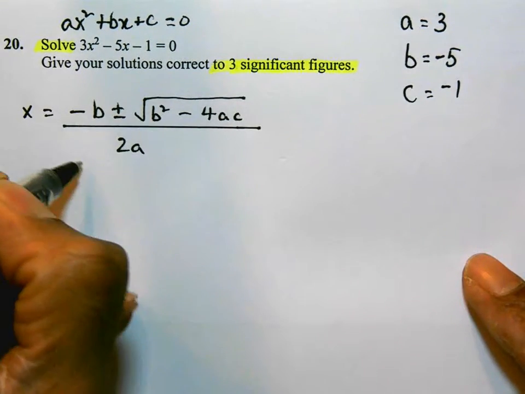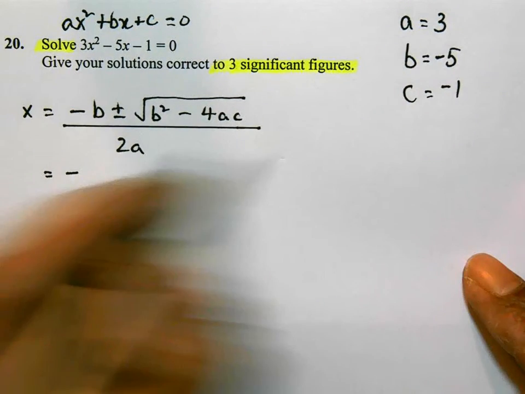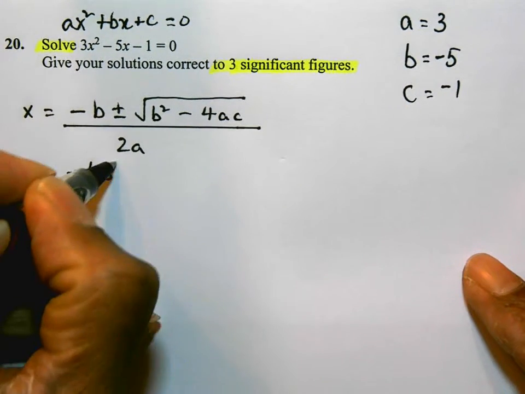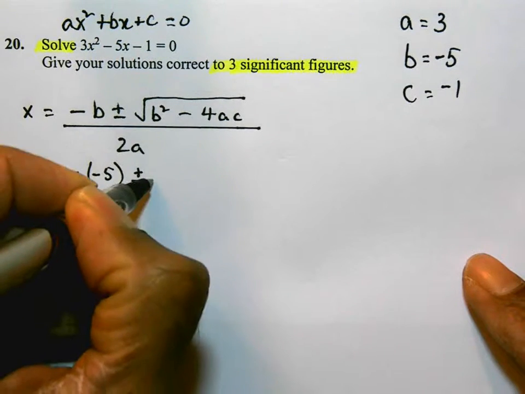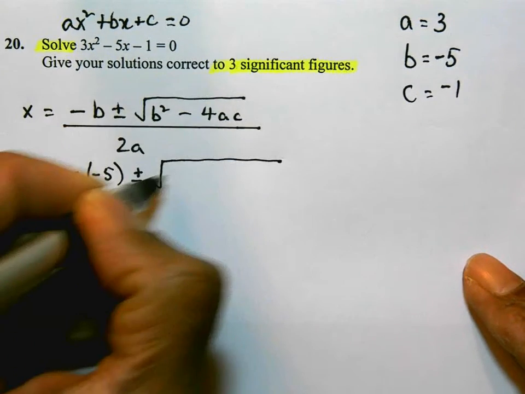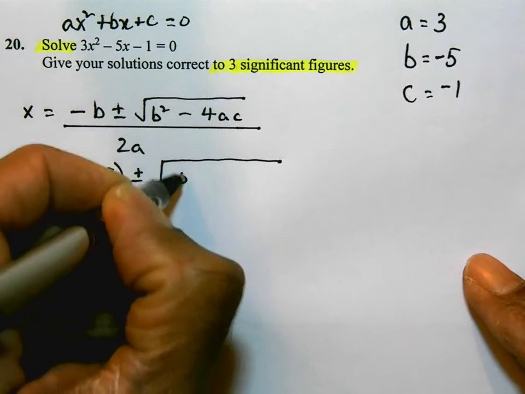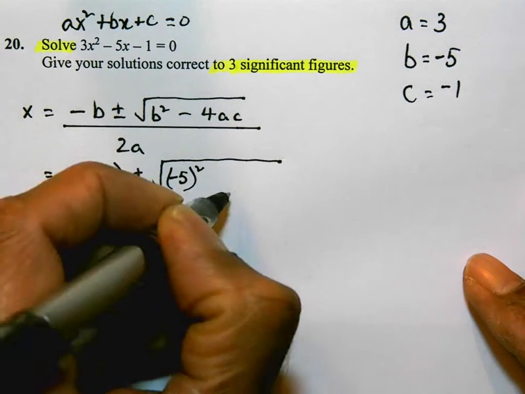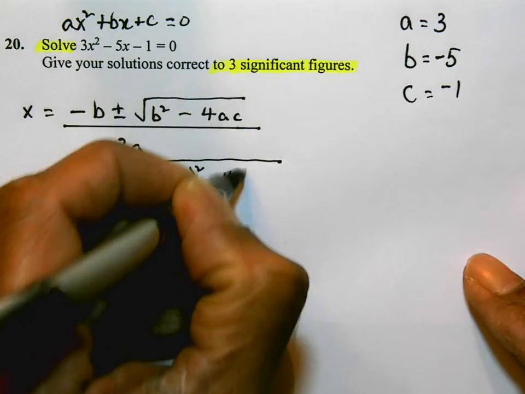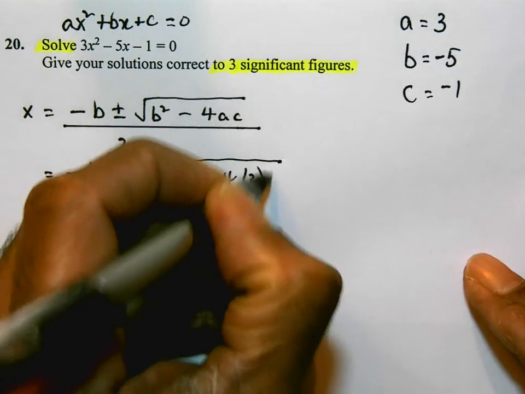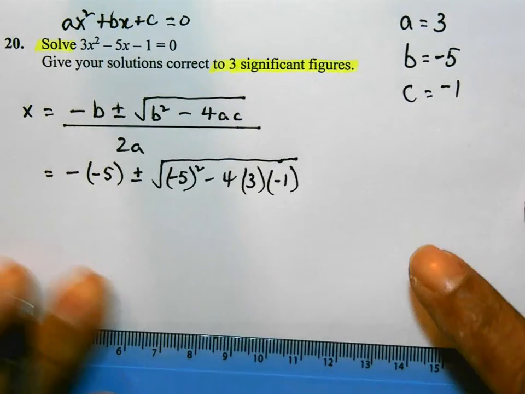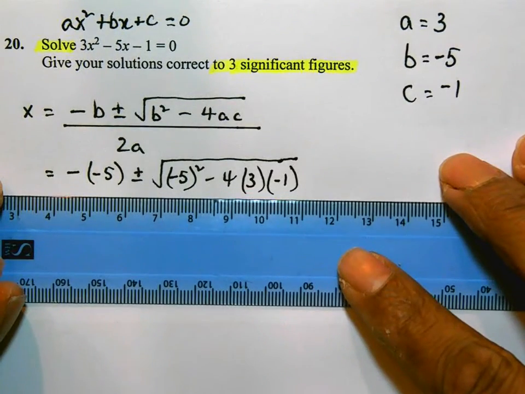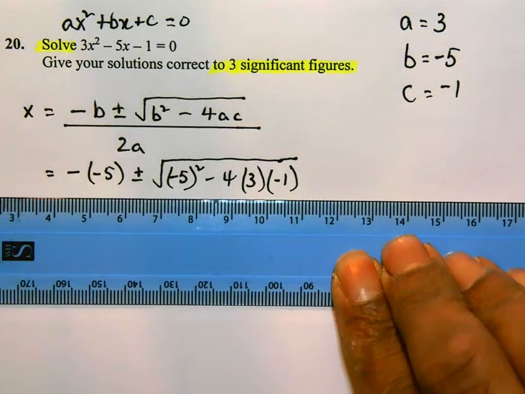So minus b is minus 5, and I'm going to use brackets around that. Minus 5 plus or minus the square root of b squared, which as we said was minus 5 squared, minus 4a, which is 3, times c, which is minus 1. And all of that all over 2a.